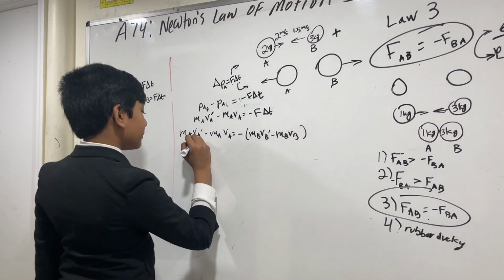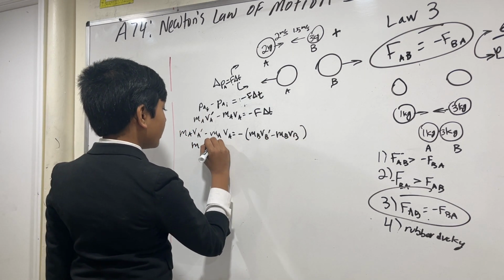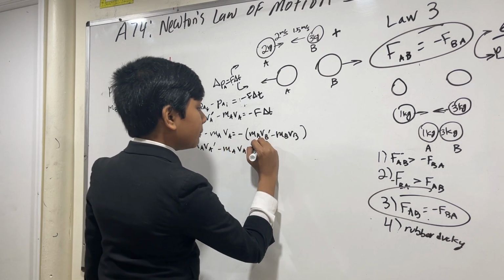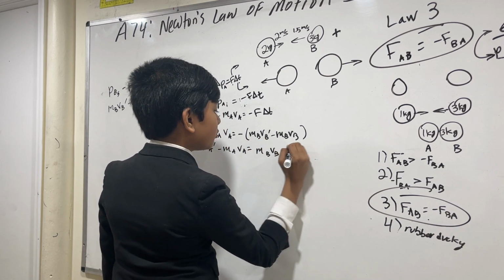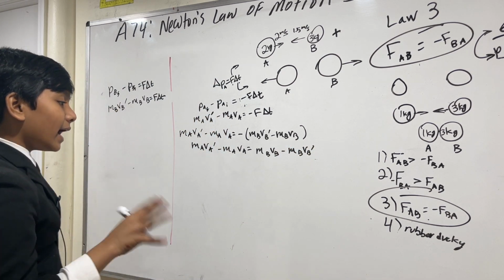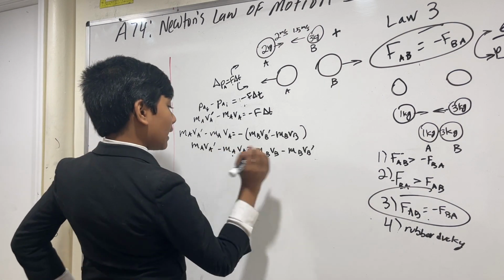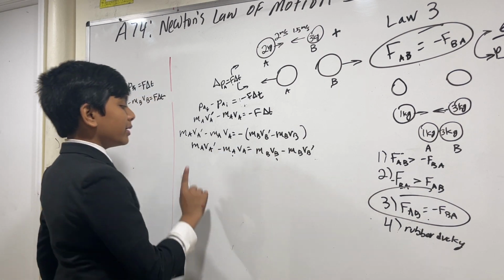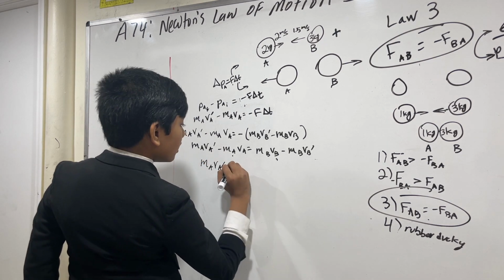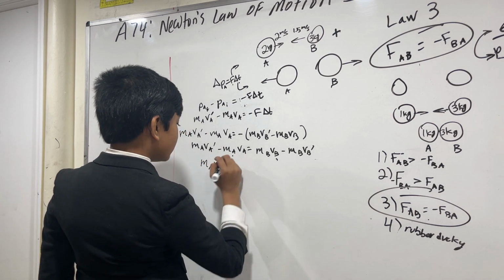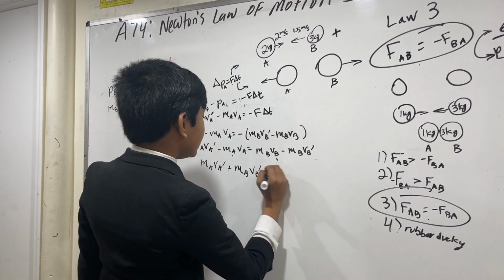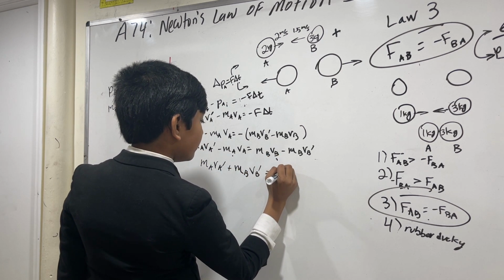So now that means we have MAVA prime minus MAVA is equal to MBVB minus MBVB prime. Now, finally, we can add MAVA to both sides and MBVB prime to both sides, giving us MAVA prime plus MBVB prime is equal to MBVB plus MAVA.